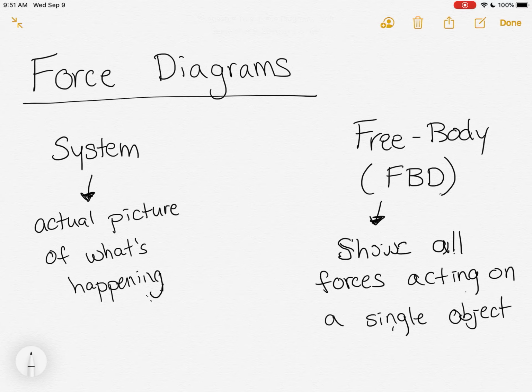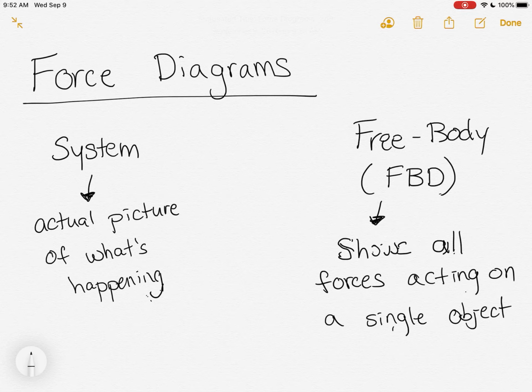So a system diagram is going to be a painting or a picture of what's going on throughout the entire problem. A free body diagram is only going to show the forces that are acting on one specific object, okay? Please do not worry about your artistic abilities when you're drawing system diagrams.